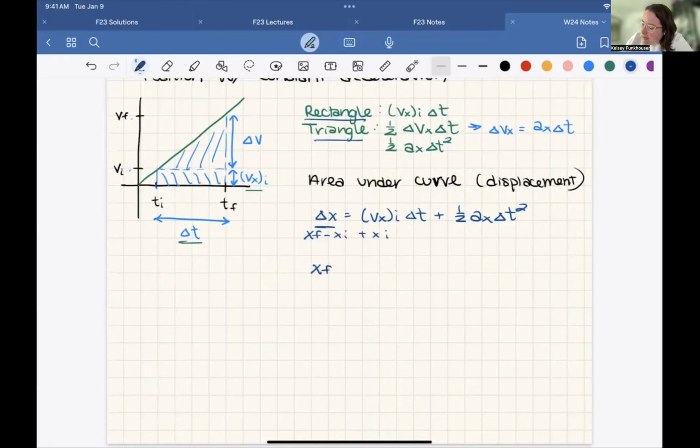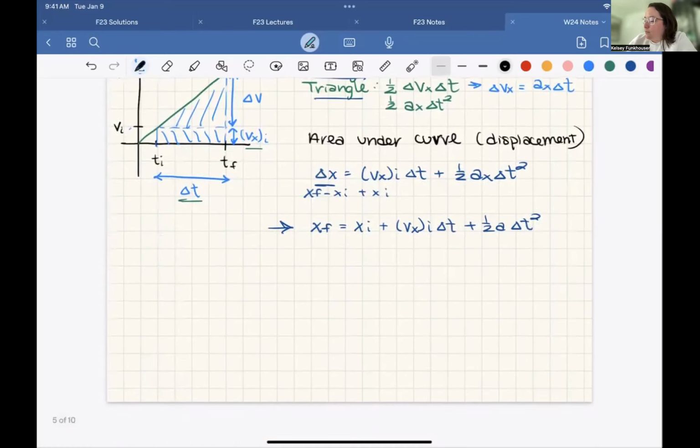So this could give us an equation specifically for the final position. So x final equals x initial plus the initial velocity times delta t plus 1/2 a delta t squared. And this is referred to as, or I will call it at least, the long kinematics equation. So just so you know which one it is.